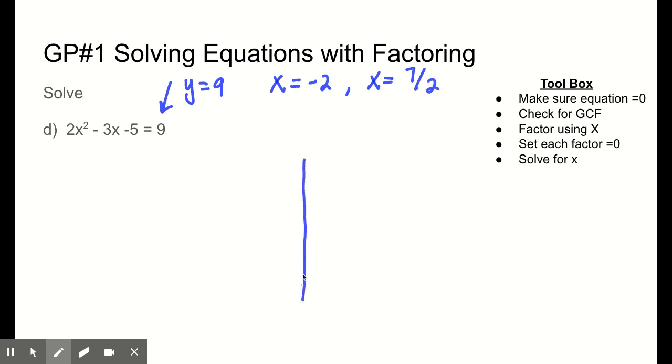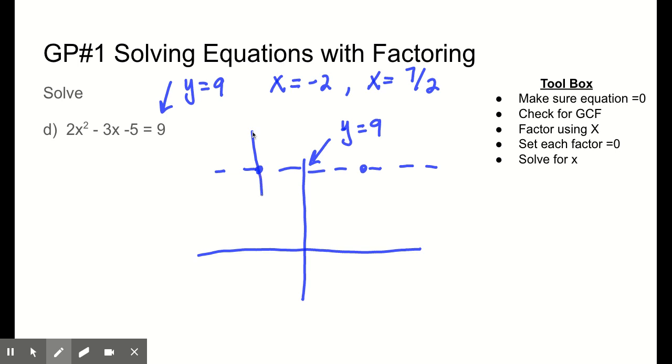So if we take a look at this, when y equals 9, which is up here, y equals 9, x will equal negative 2, and x will equal 7 over 2, and this is 3.5.